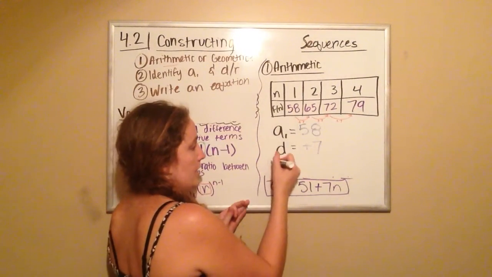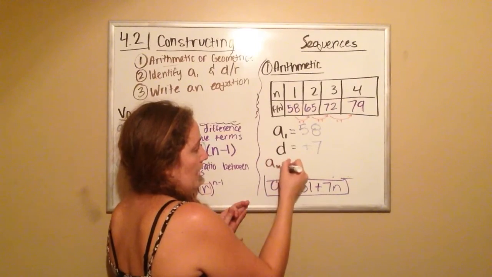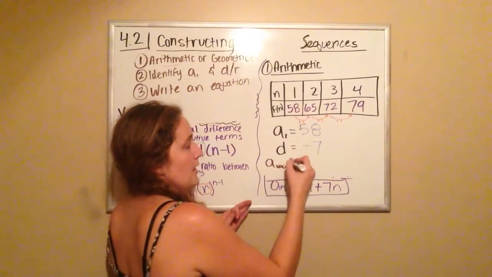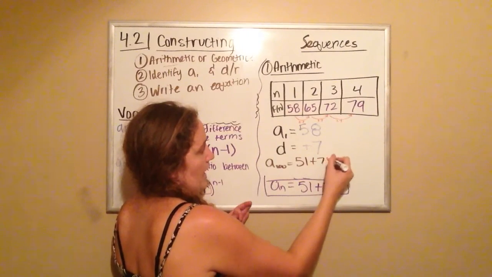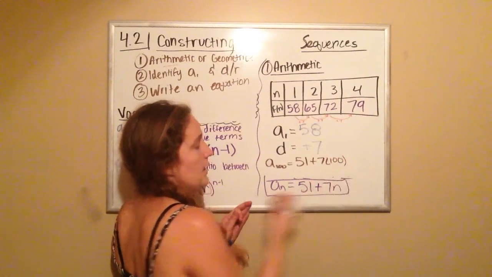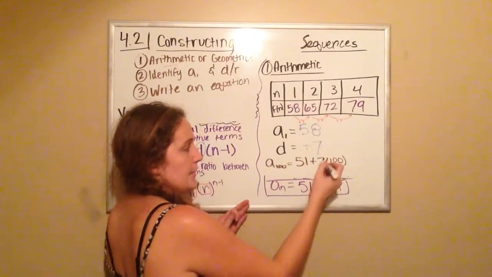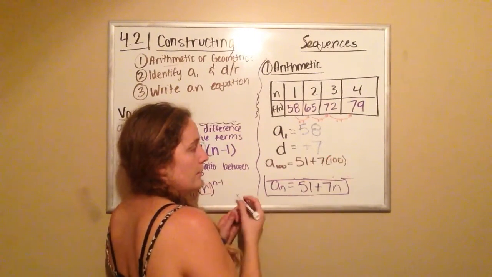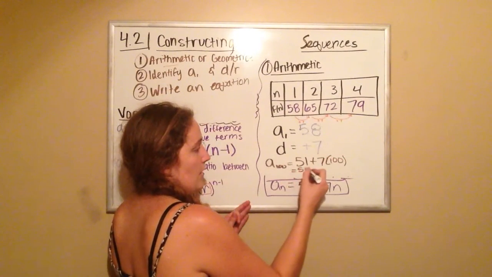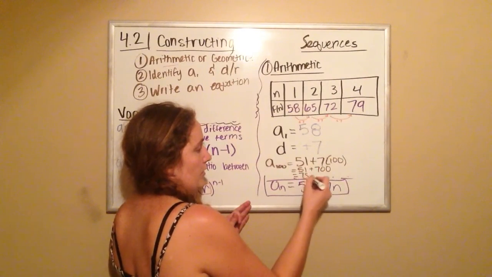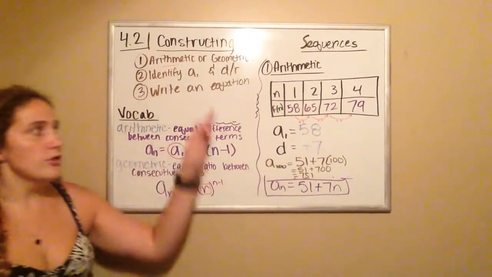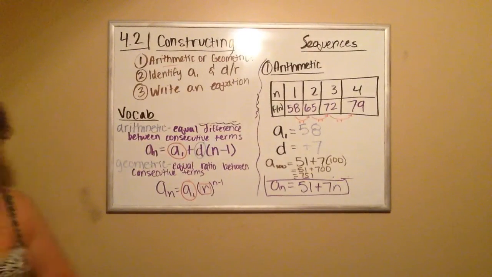We would take this right here and plug in 100 for n. Okay, we would just simplify. This says 7 times 100. So we get 51 plus 700, which is equal to 751. So the 100th term in this sequence is 751.